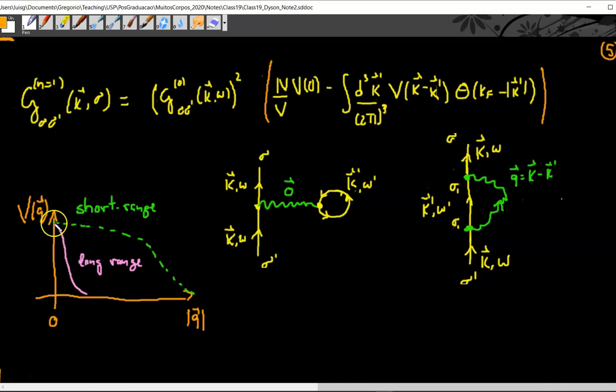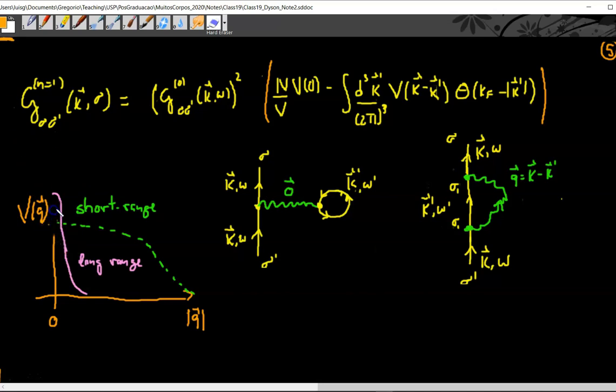Perhaps I didn't plot it correctly here. I have to take the real potential, but it could be something like that. They don't have to have the same value at 0.